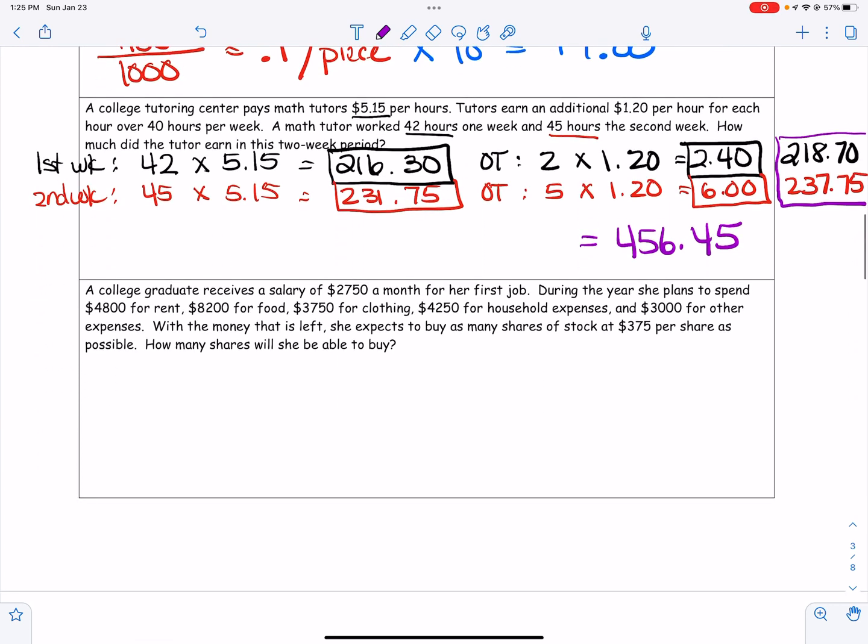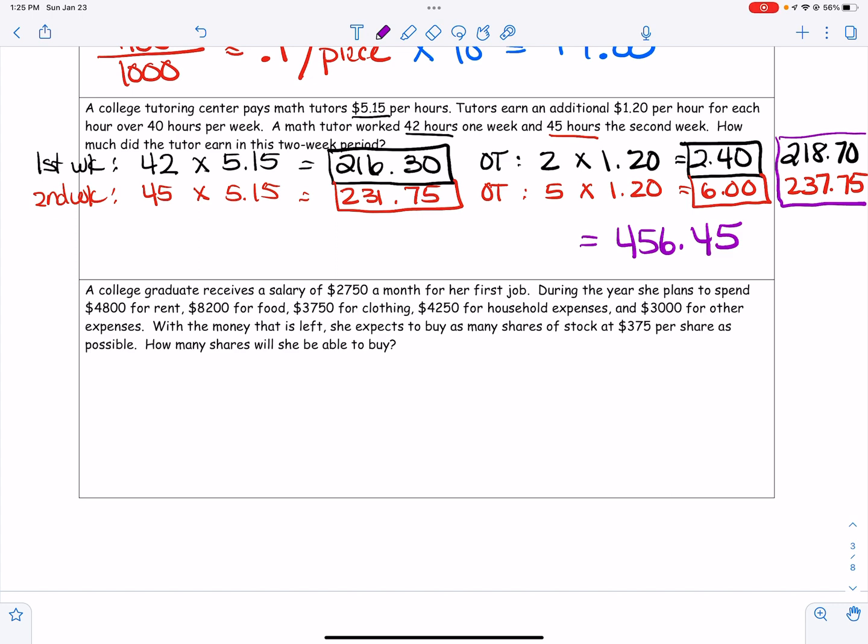All right, so now this next problem is dealing with a salary in terms of monthly rate, and then we have expenses in terms of a yearly, and then this person wants to buy shares with whatever is left over. So this is a multi-step problem.